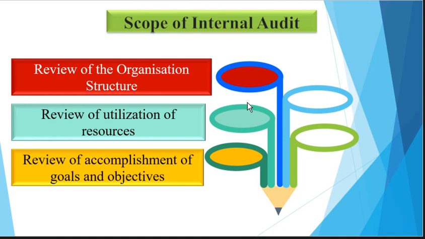It should be examined whether the objectives are revised periodically in the light of changes in internal and external environment. The internal auditor should examine whether, to the extent possible, objectives are expressed in precise quantifiable terms to facilitate detailed planning to be made for achieving them.